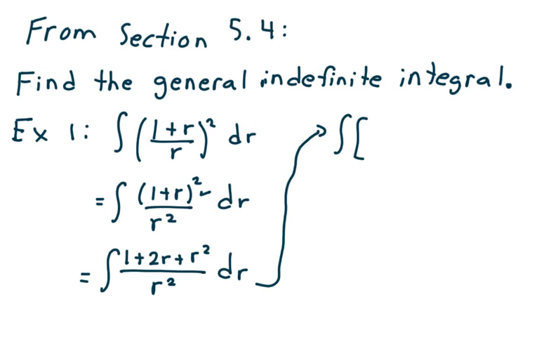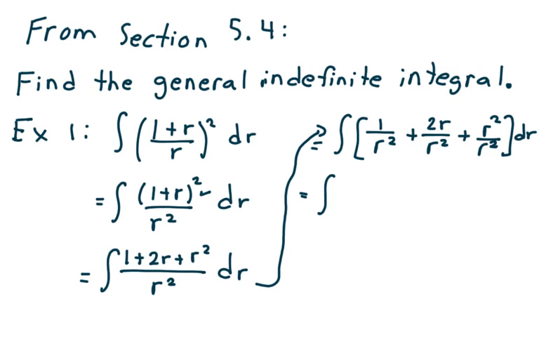And so this is 1 over r squared plus 2r over r squared plus r squared over r squared, this whole thing dr. And this is the integral of r to the negative 2 plus 2r to the negative 1 plus 1 dr. Now, it turns out this is r.